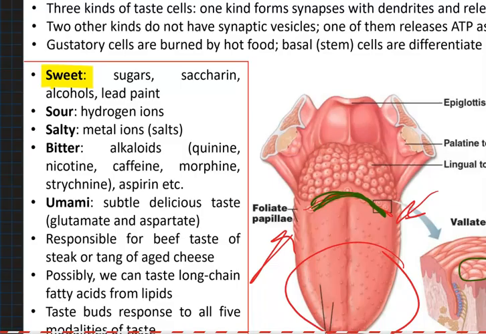Something tastes sweet. Why is that important? What kind of food tastes sweet? Food that contains a lot of which nutrients? Carbohydrates. Easily digested carbs.